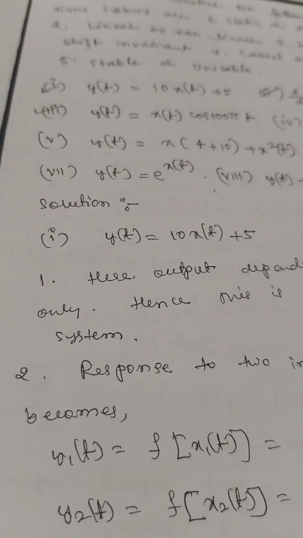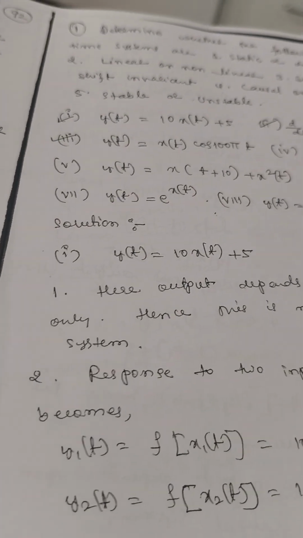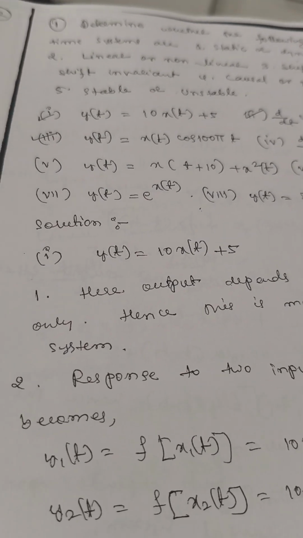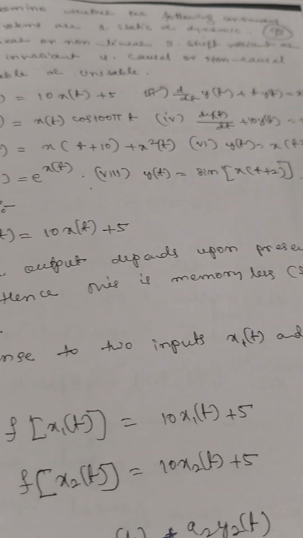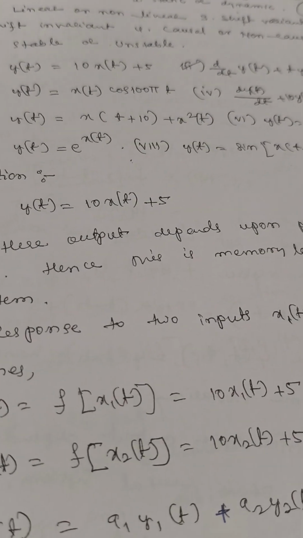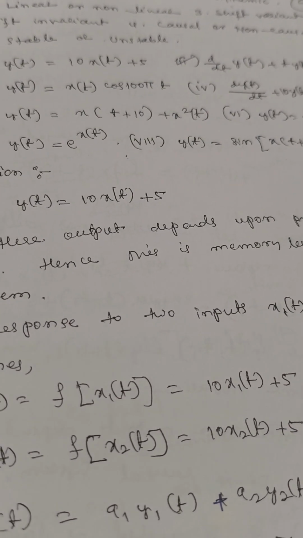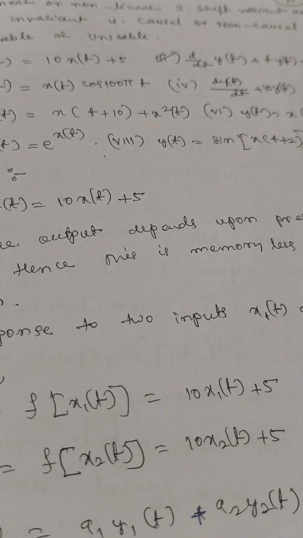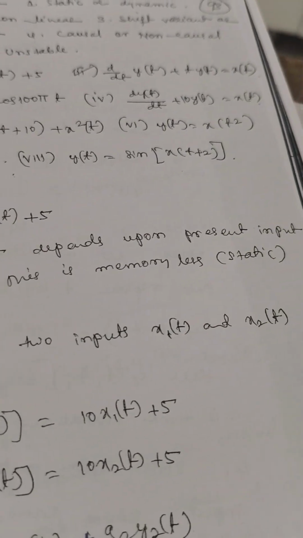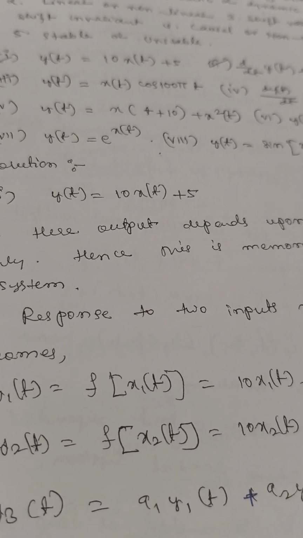One by one we'll discuss the properties of the system. From this equation we'll come to know that the output, y of t, depends only on the present input. Therefore this system is memoryless, or we call it a static system.